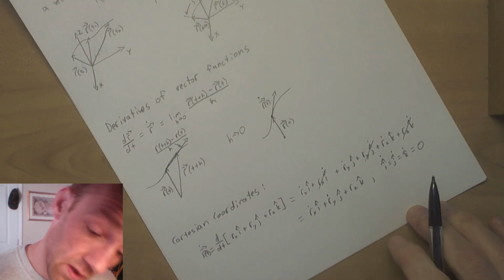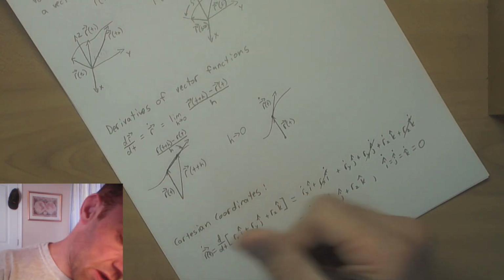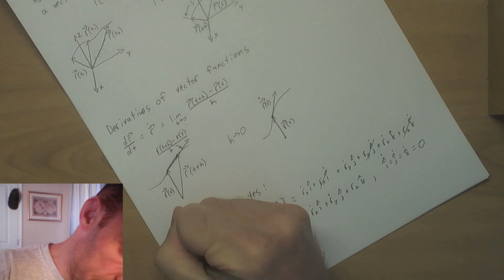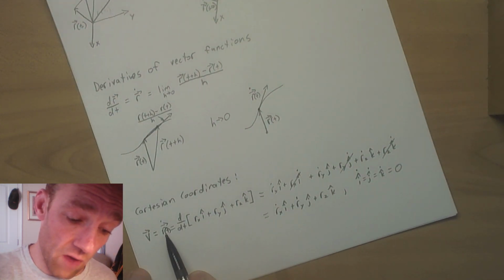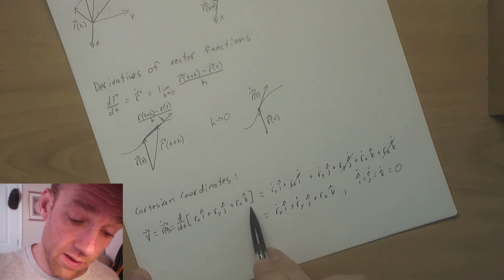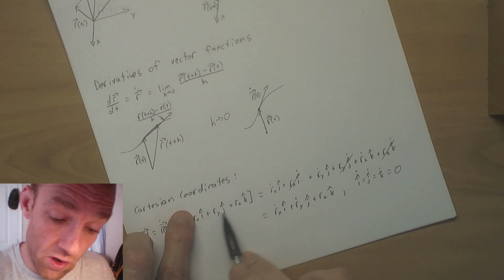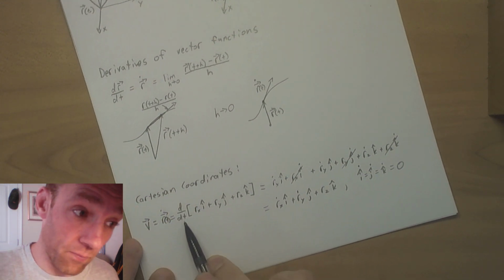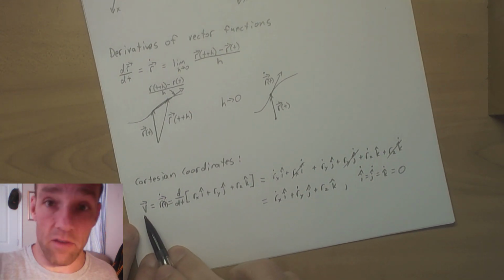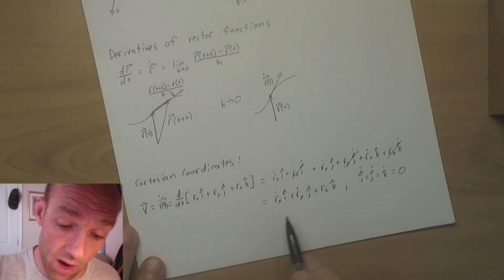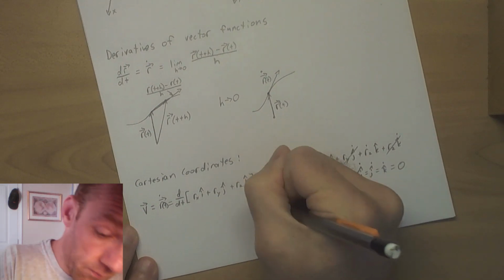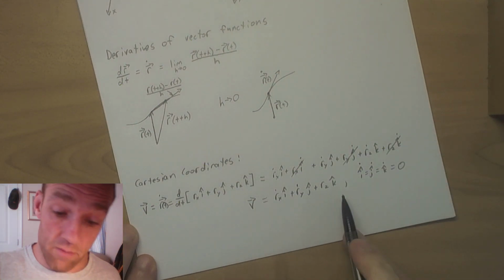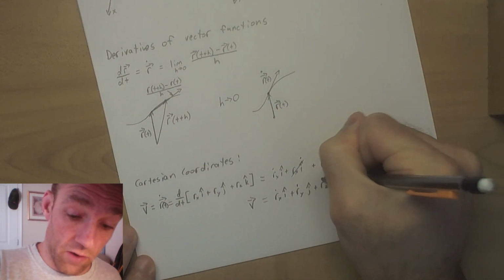So this, it turns out, is the velocity of the particle. If the position as a function of time is given by this expression here, we take its derivative, that gives us the velocity vector. So the velocity vector is just the time derivative of the position vector.